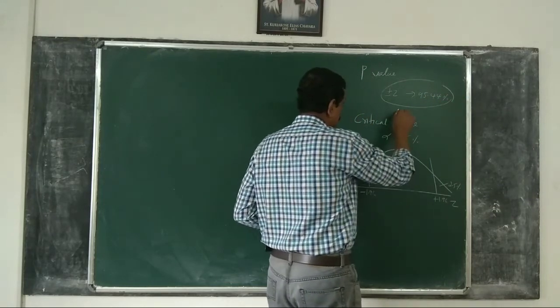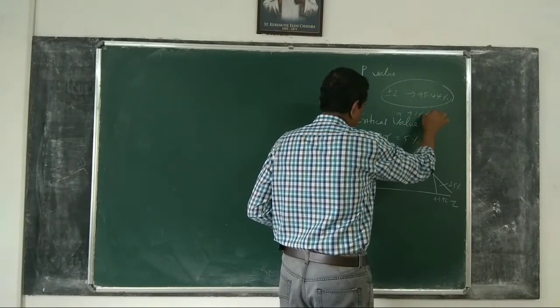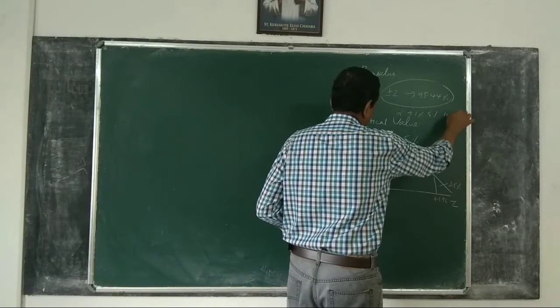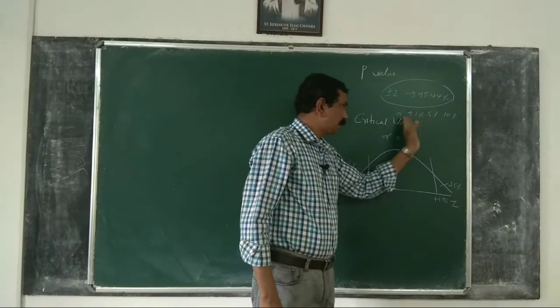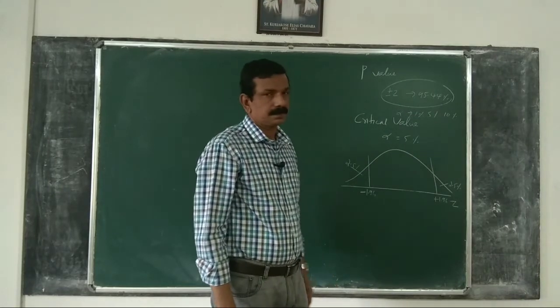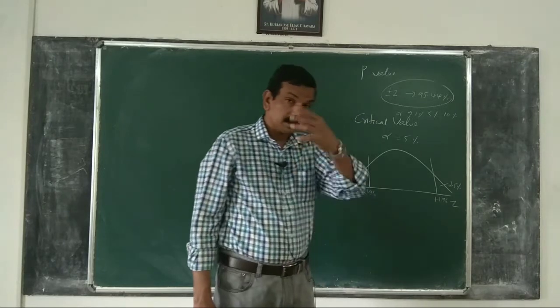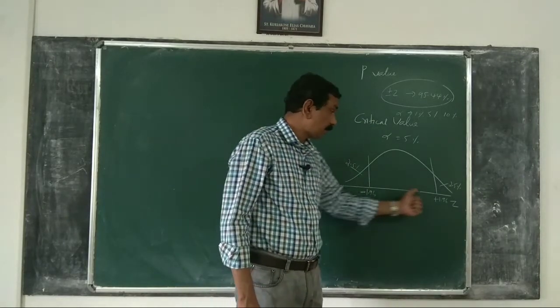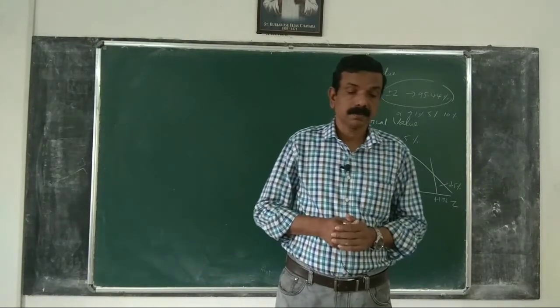Usually, we consider the level of significance alpha as 1%, 5%, 10%, etc. So, I take alpha at 5%. Then the cutoff points of the test statistic are minus 1.96 and plus 1.96.